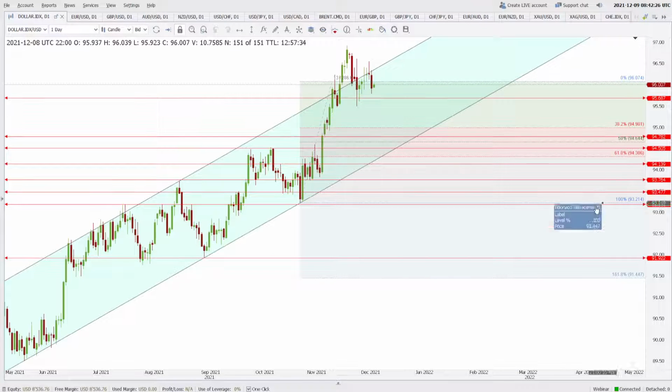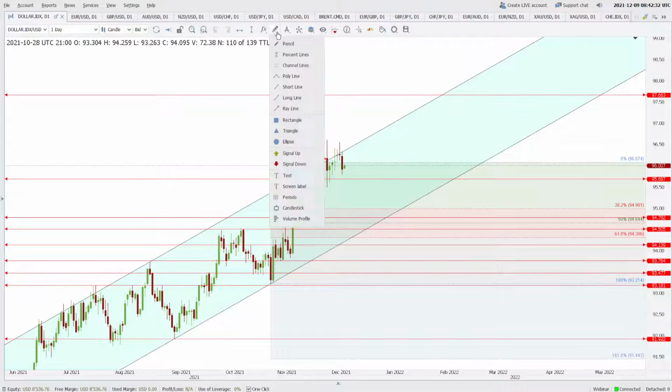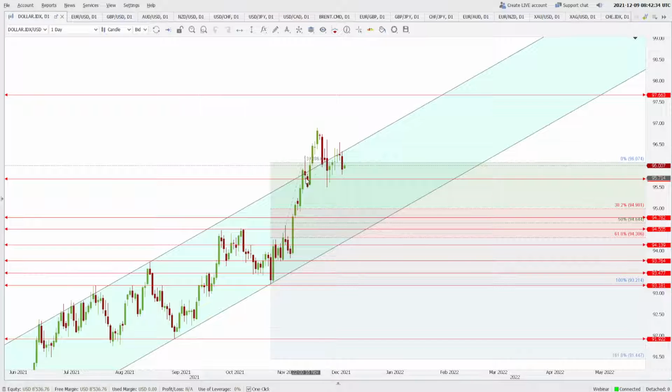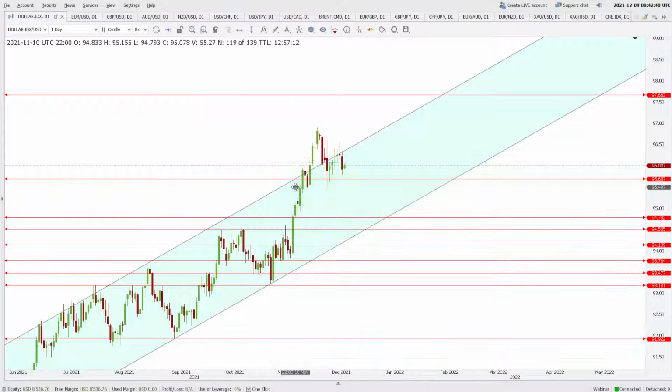In other words, to properly mark it, actually we should draw a rectangle like this. So this is a zone. Whenever I have drawn a line, please take it as a zone of supply or zone of demand. So this is a zone of demand here. I'll just remove this Fibonacci. So this is a zone of demand and this is a zone of supply.